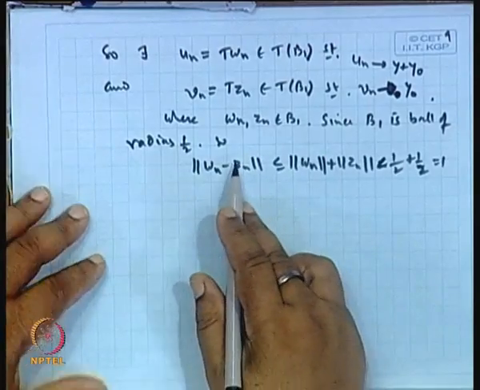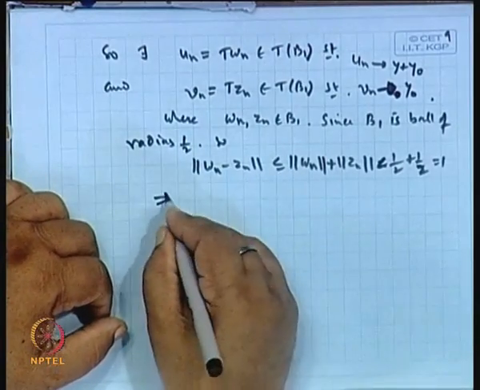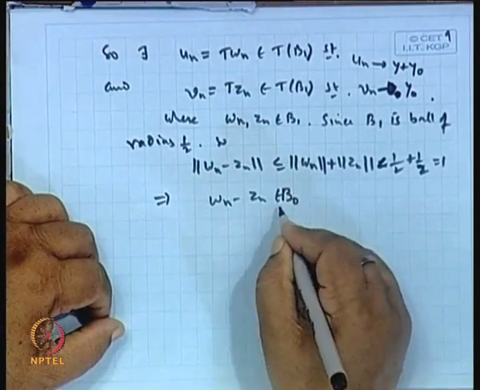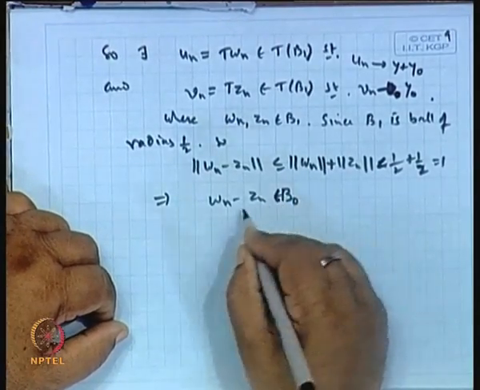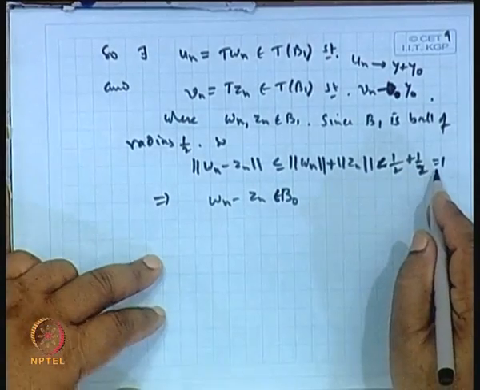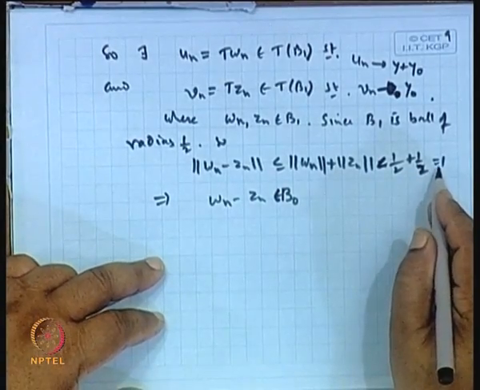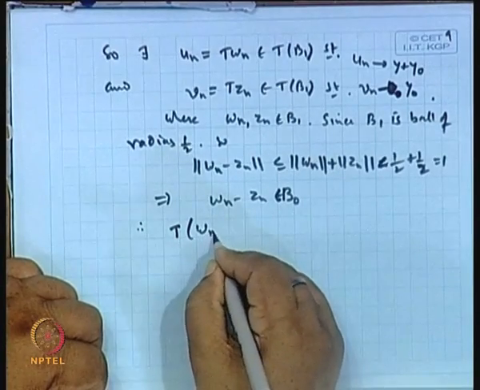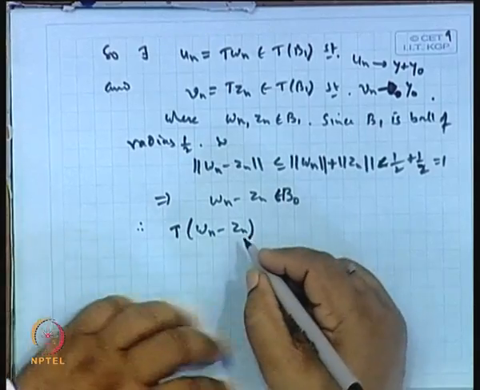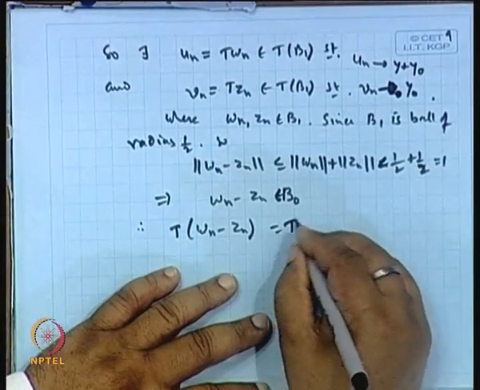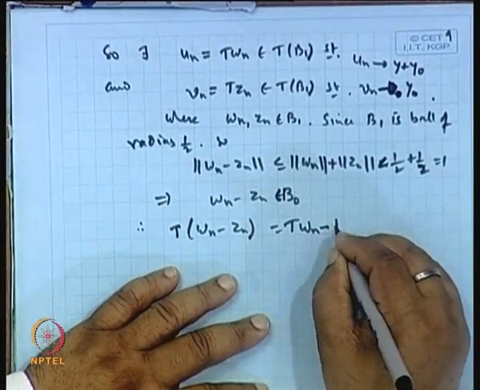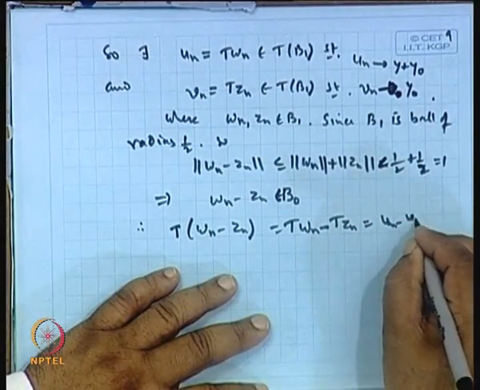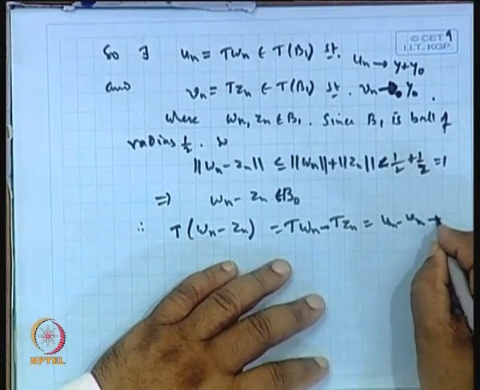It means W n minus Z n is a point in B naught, because B naught is centered at 0 with radius 1, so this length is less than 1. And again T of W n minus Z n equals T W n minus T of Z n, which equals U n minus V n, which tends to y.